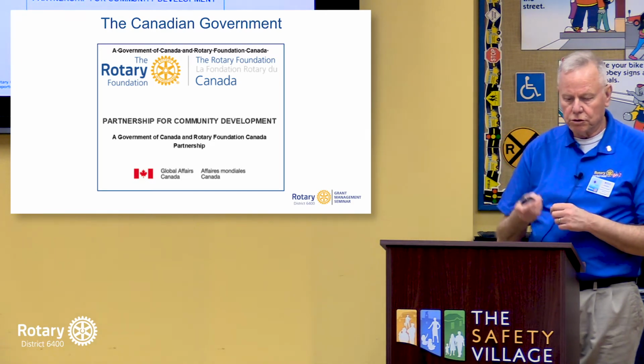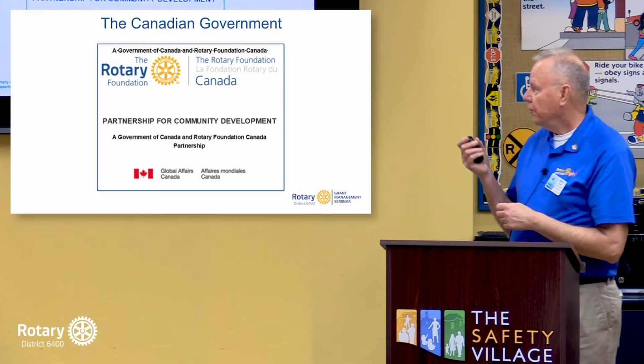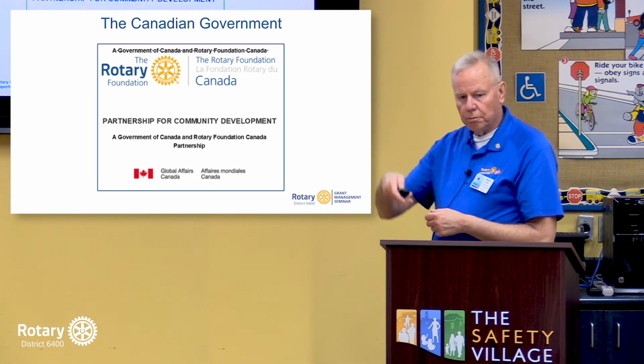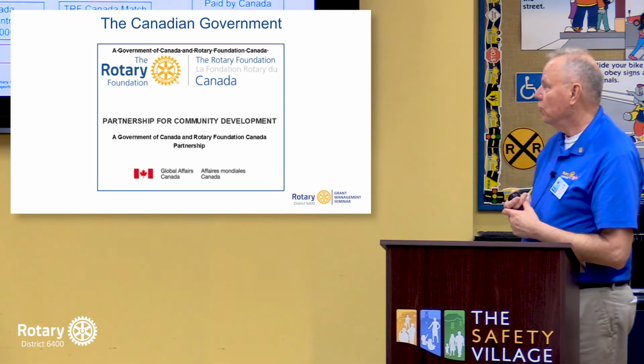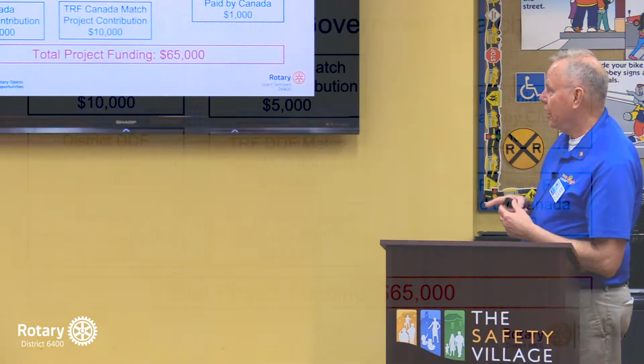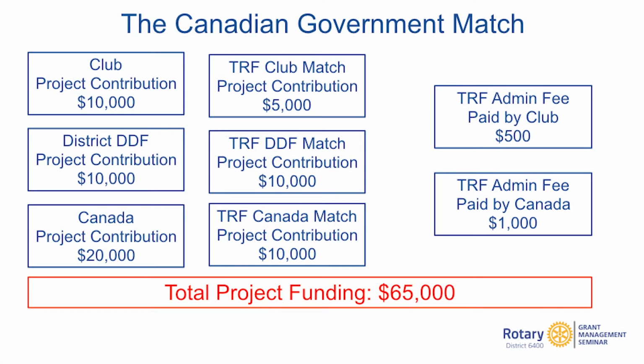They have some other rules, but it's important to remember that your government will be more than happy to help us out with the project, and we have an example here. Club contribution, $10,000. Our district will match that $10,000. Canada, your Ottawa, will give us another $20,000 US dollars. This is all in US dollars.